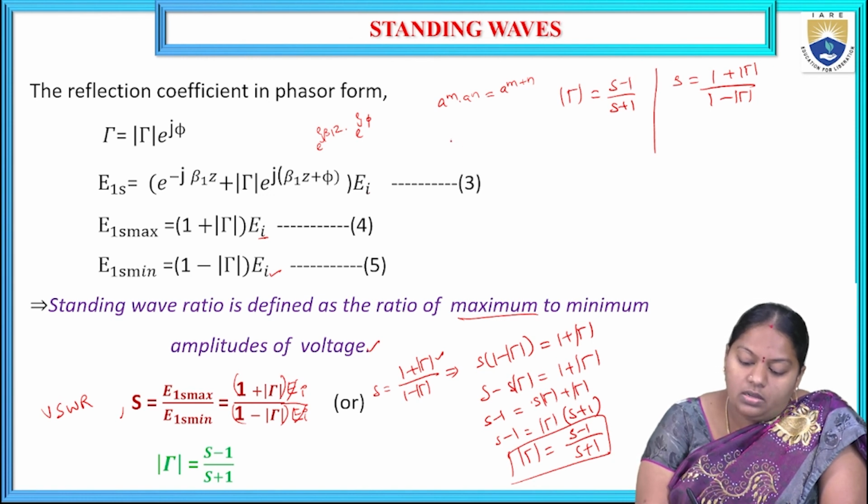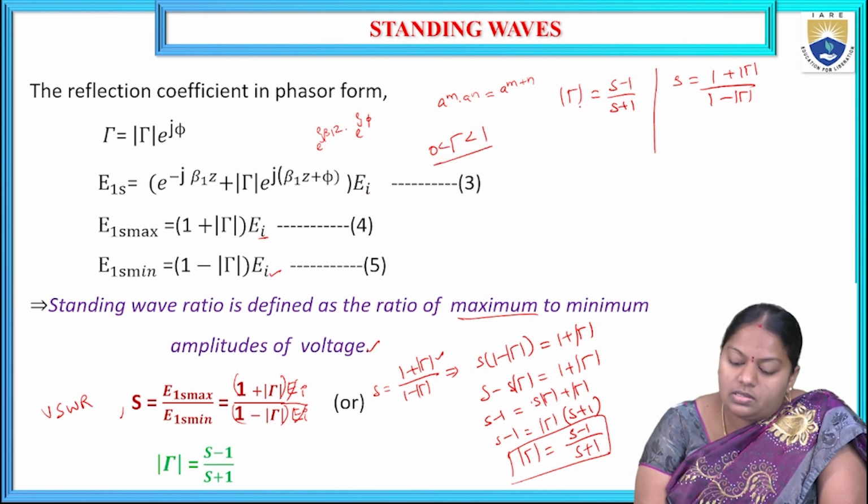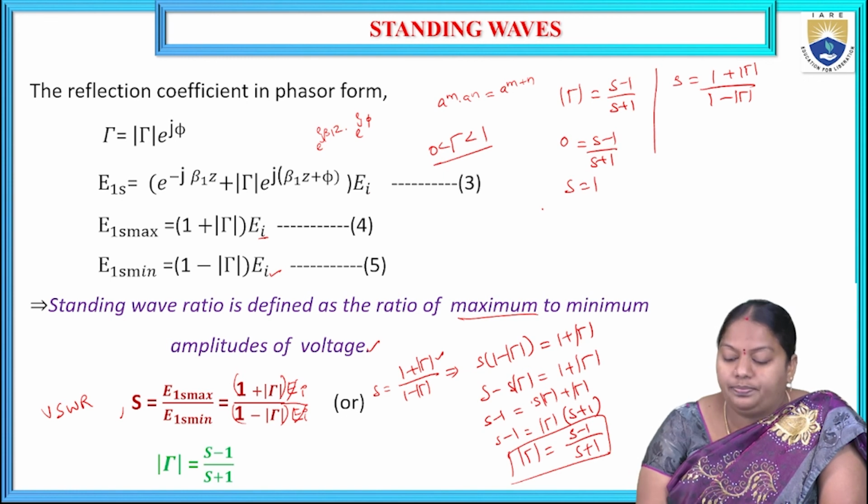In general, from the normal incidence at a plane dielectric case, we have gamma ranging from 0 to 1. First, if we substitute gamma by 0, then 0 equals S minus 1 by S plus 1, and from this, S is equal to 1.